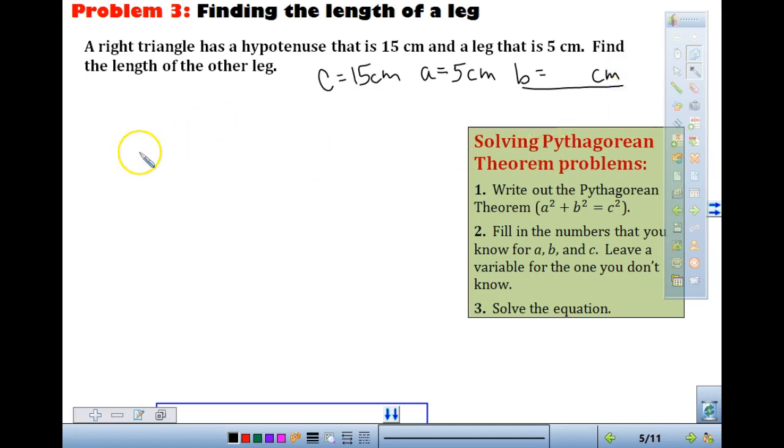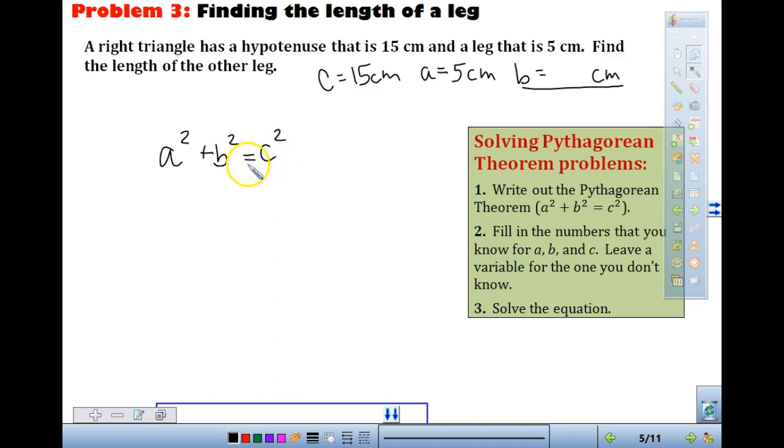So we're starting with, tell me, Grace, what's the formula we're writing? A squared plus B squared equals our hypotenuse, right, squared, okay?